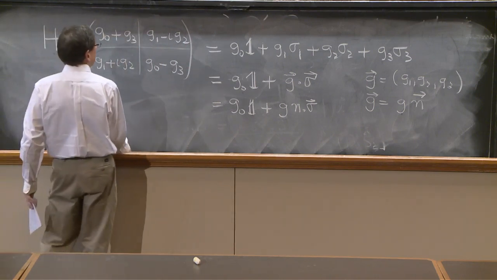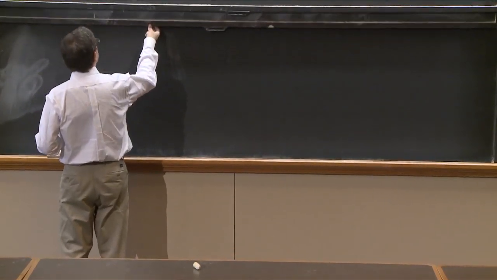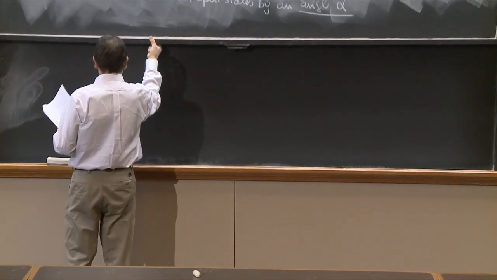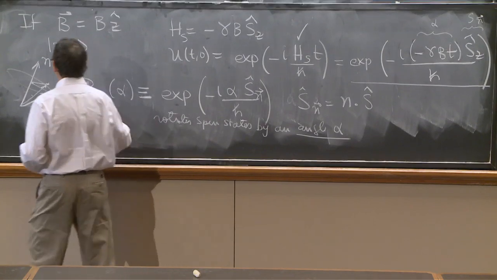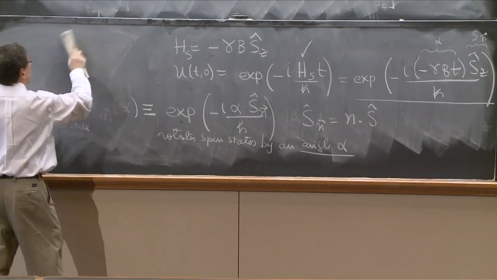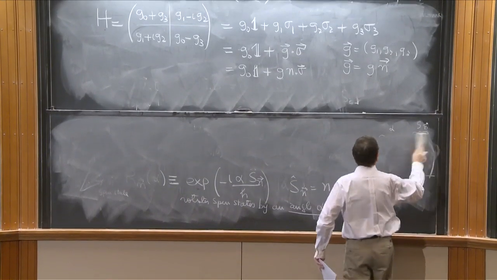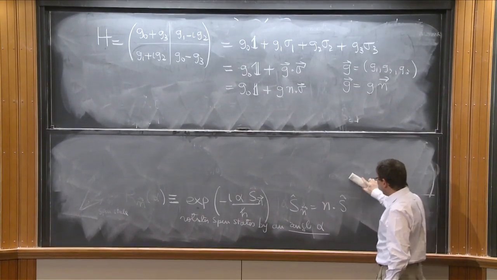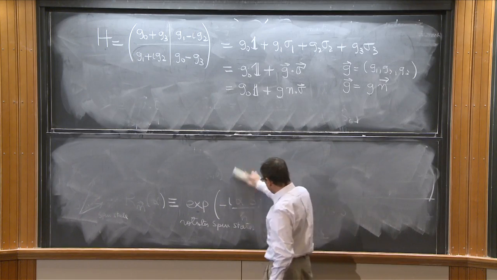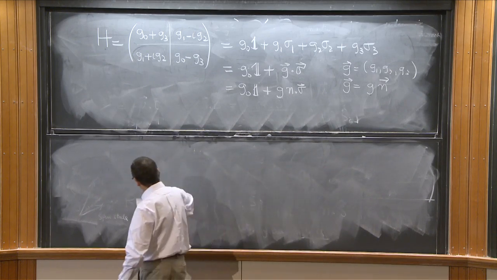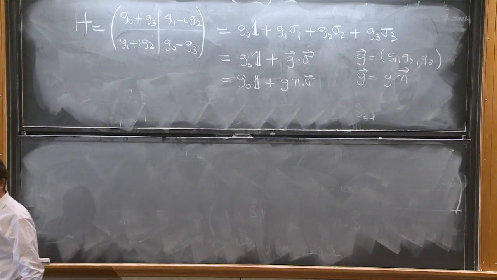But let's continue here. We know how to solve this problem, and you can say, well, all right, I have to diagonalize this matrix, find the eigenvectors, find the eigenvalues, and all that.